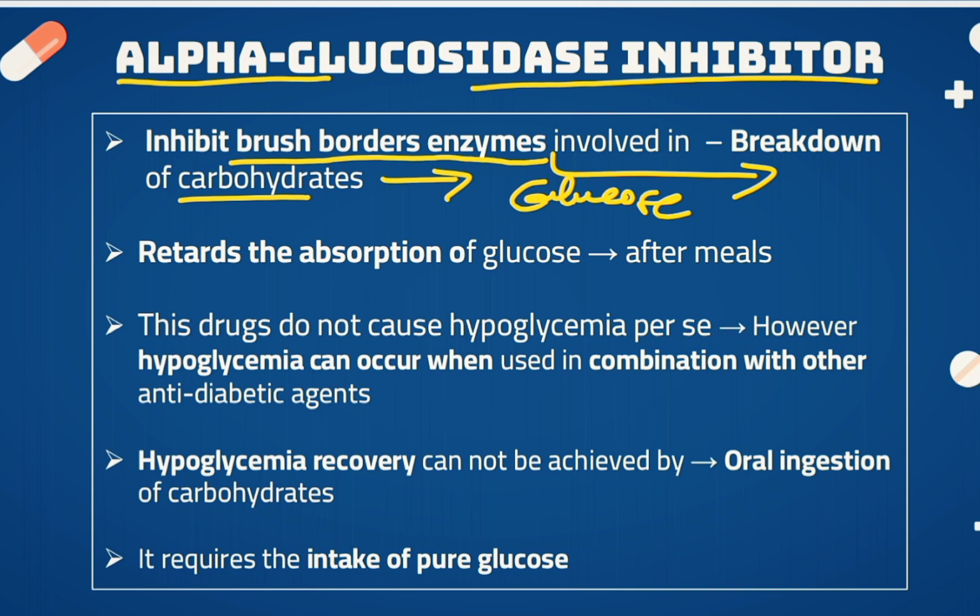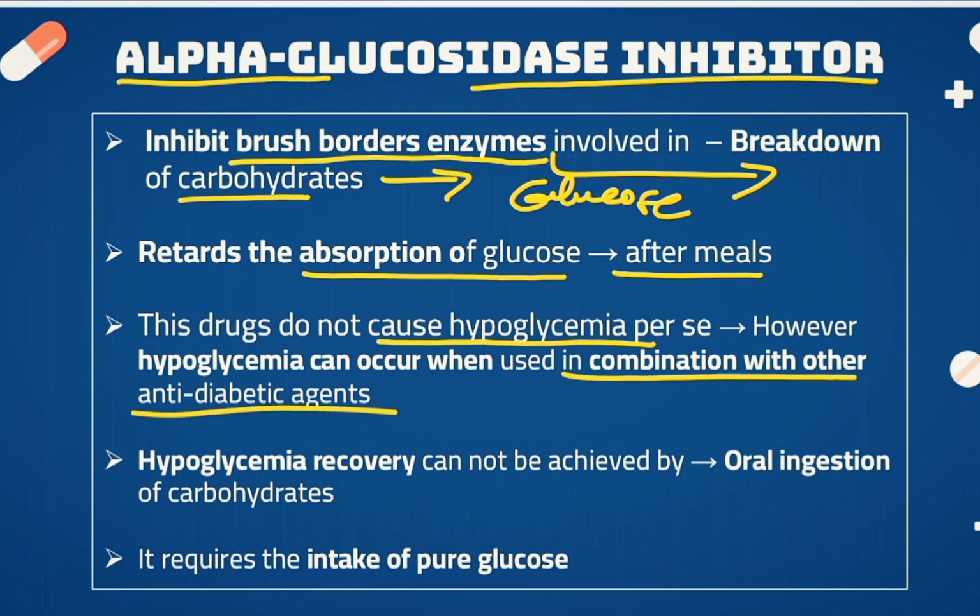Apart from that, these drugs also prevent the absorption of glucose after a meal. Usually these drugs do not produce hypoglycemia, but when we give other drugs in combination with them, the risk of hypoglycemia also increases.